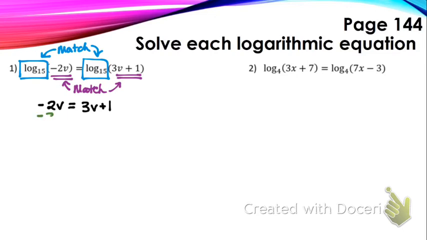Subtract 3v from both sides. So what would that give me on the left? Negative 5v equals 1. And then what? Divide both sides by negative 5. So I get that v equals negative 1/5.